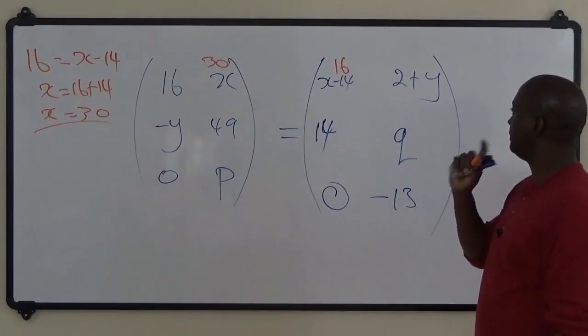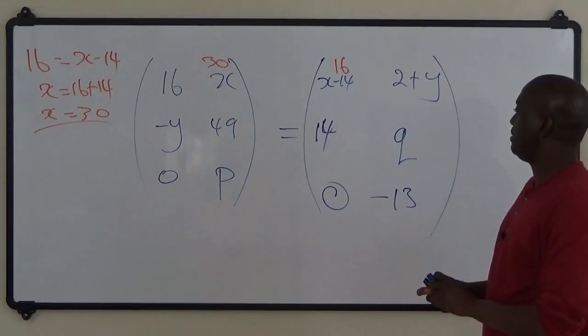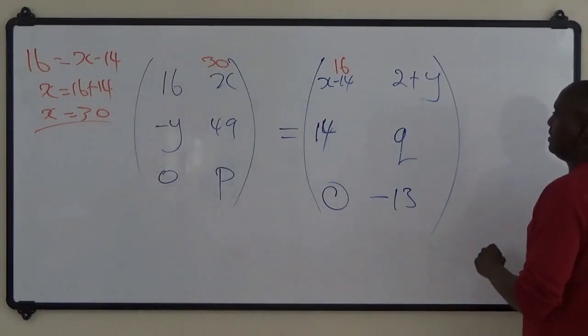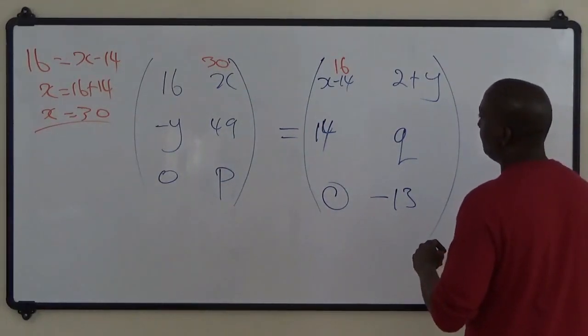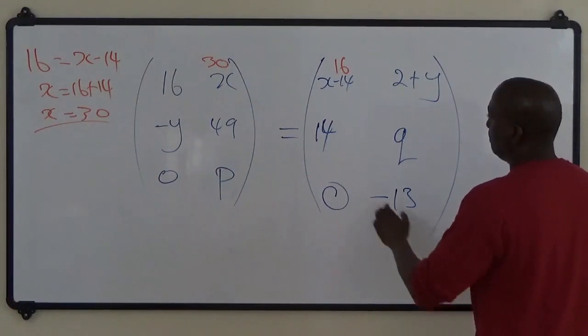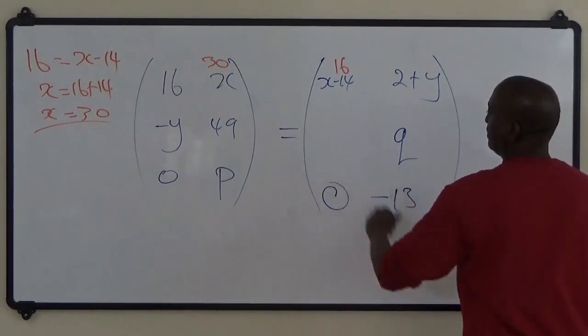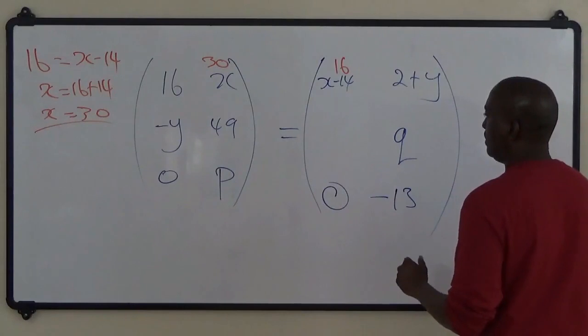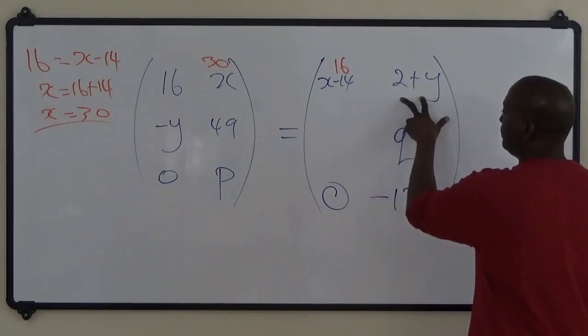Wow, you see the kind of stress you could get through when you try to compose questions on the fly. We need to take that out of there. 30 will be equal to 2 plus y.